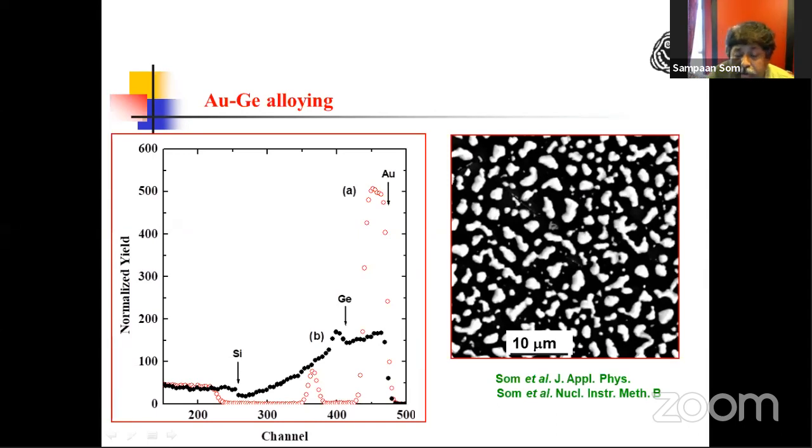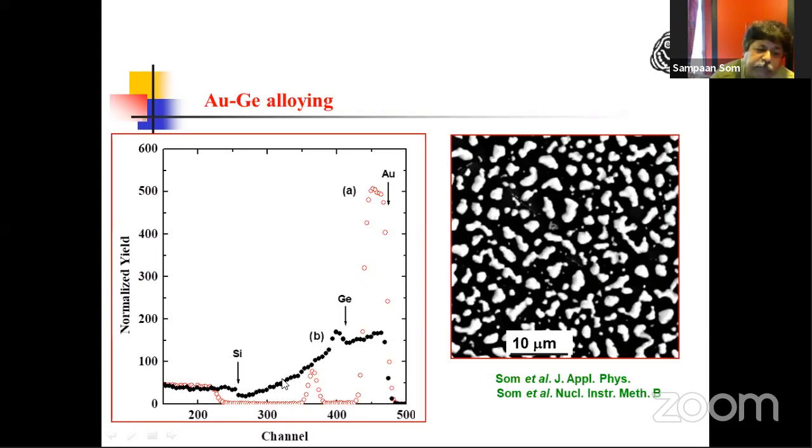But the moment one deposits the germanium film first on the silicon substrate, the equivalent energy that has got lost within the germanium film, until the projectile ions could see the silicon atoms, will get manifested through a shift in backscattered energy, becoming lower energy. So from this substrate silicon surface, from where the backscattered particles will start coming back, by the time they have lost some energy eventually in the germanium film.